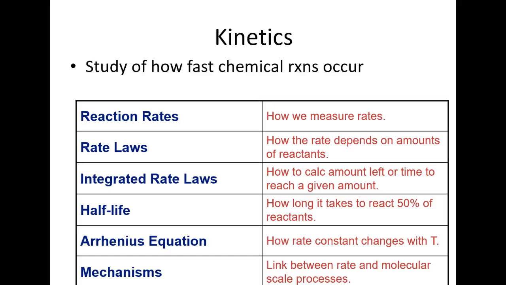Later in the chapter, we will use the integrated forms of rate laws to see how much of a material is left at a certain time in the reaction, or given a certain point in the reaction after, let's say, 3 minutes or 2 hours or 30 seconds, what would the concentration of the material actually be? We'll also discuss a little bit about radioactive materials and their half-lives and how they can be used to determine the age of a sample.